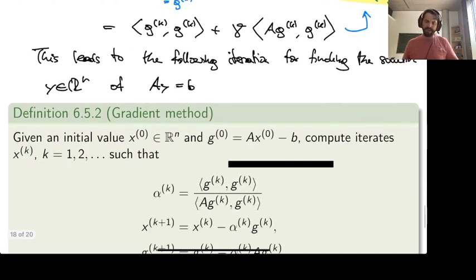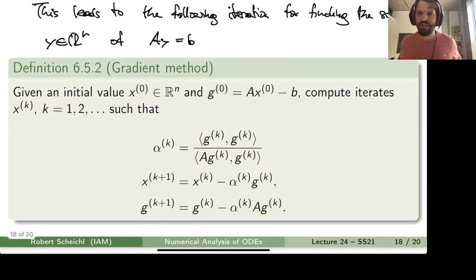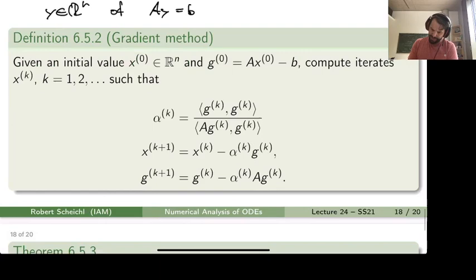So the gradient method now, with these specific choices of alpha and the search direction, can be written given an initial value x_0 in R^n. Let's define the initial gradient g_0, we need to compute that to be A x_0 minus b. And then to compute the next iterate, we compute this alpha_k.